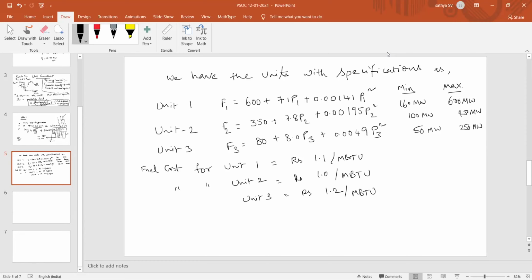Now our intention is to find which unit we can start first, which unit second, and which is the least preferred based on the economical condition. So how can we find that? By using this priority list method, we will check.